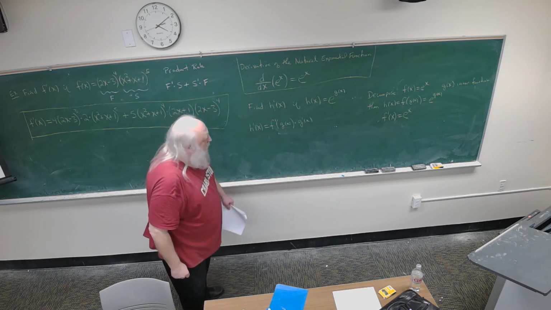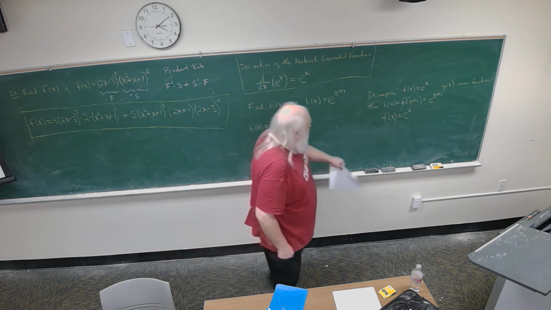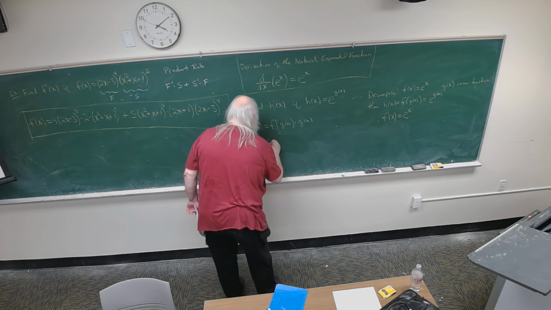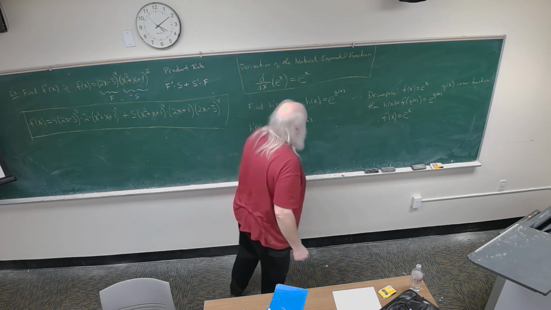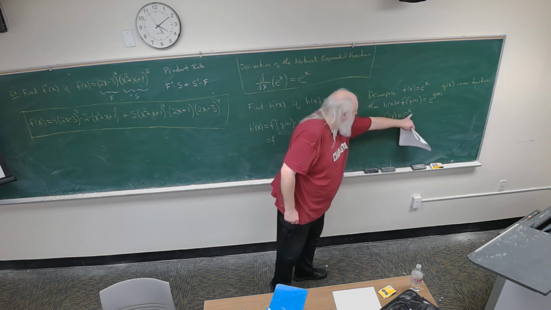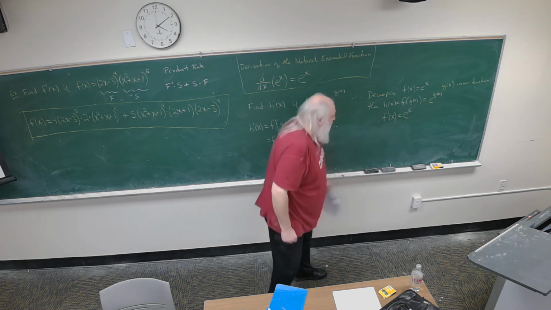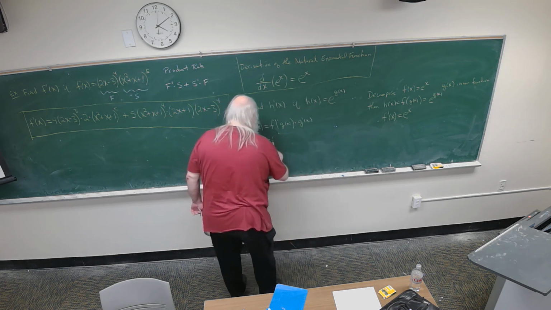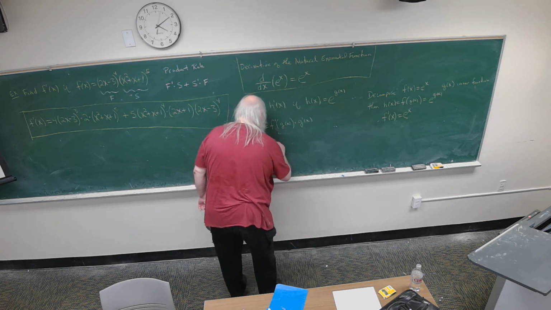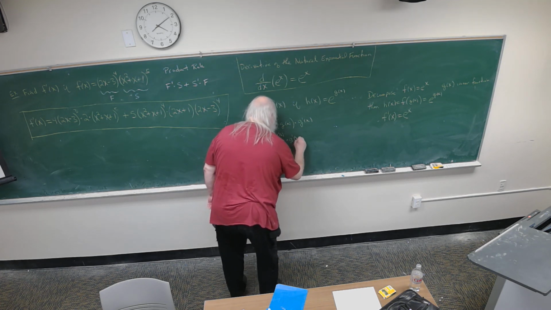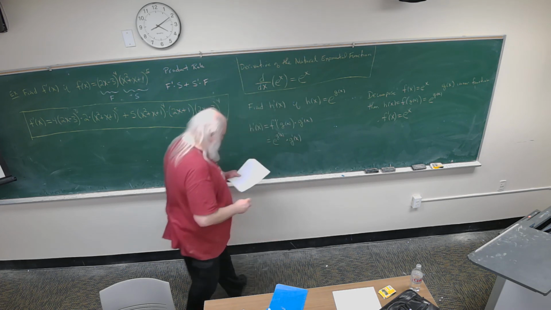Well, f prime is equal to e to the x. So let's do it step by step. f prime of g of x: put g of x in for x on the right hand side, and we have e raised to the g of x power, then times the derivative of g of x, which is g prime of x.